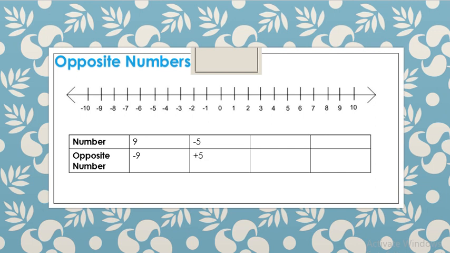It doesn't matter. For a positive number, it's not necessary to write the sign. But for a negative number, you have to always remember to give the minus sign. For positive numbers, you can write plus 5 or you can just write 5. It's okay. For minus 23, what is the opposite number? Yes, it's plus 23 or just 23. For 45, the opposite number is going to be minus 45.